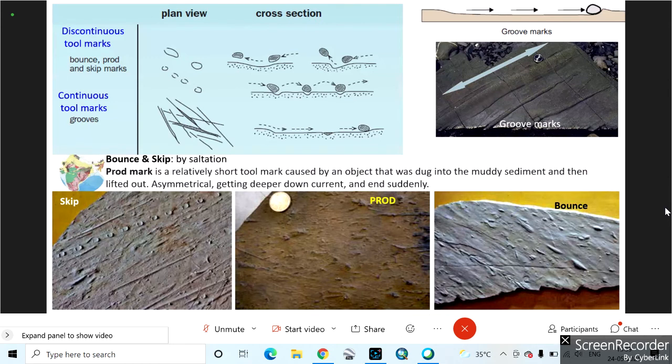Some tool marks are discontinuous, and some are continuous, like the grooves. Continuous ones you will see as elongated, forming larger lengths, whereas some will be discontinuous, like bounce, prod, or skip marks.